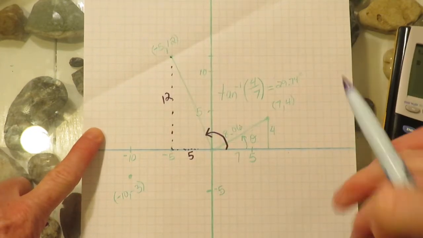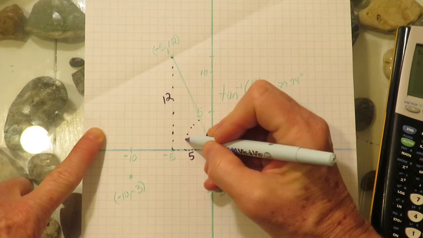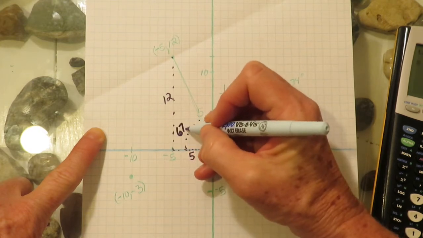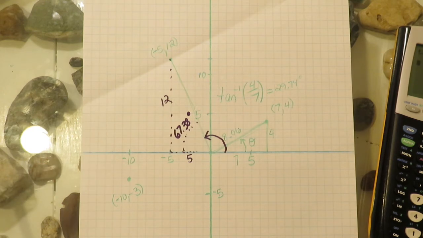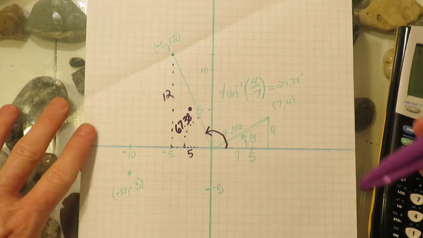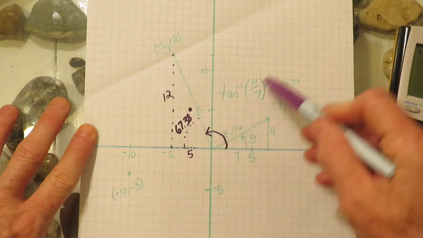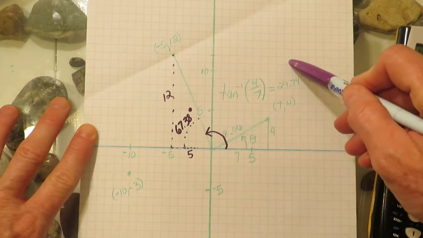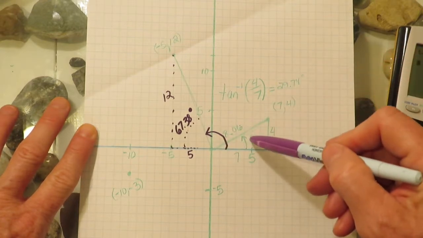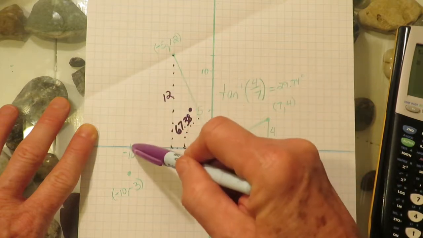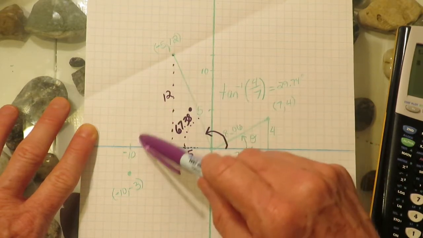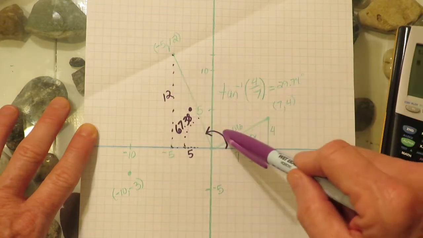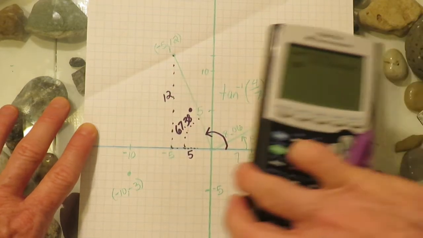All right, so that is this angle here, 67.38 degrees. That's not the angle that we want to rotate, because 67.38 degrees would land me over here in quadrant 1. However, if I take 180 degrees and I back off the 67.38 degrees, I will have the correct angle that I want.